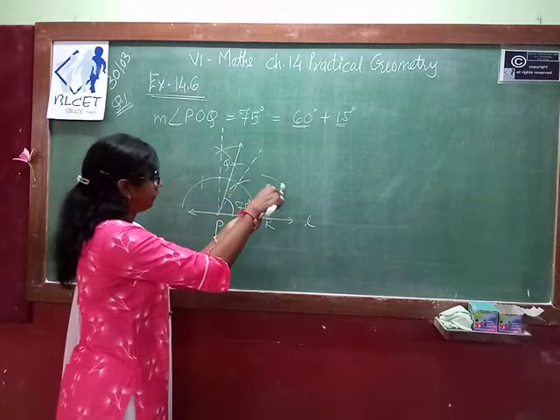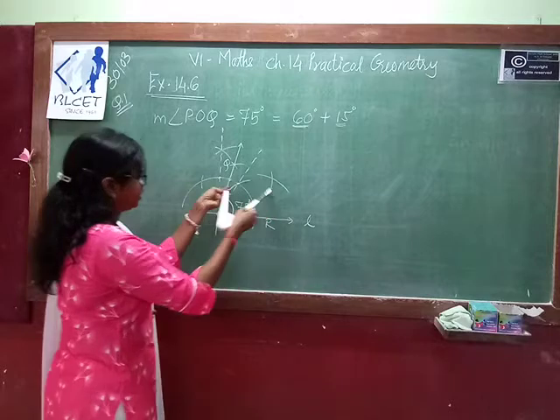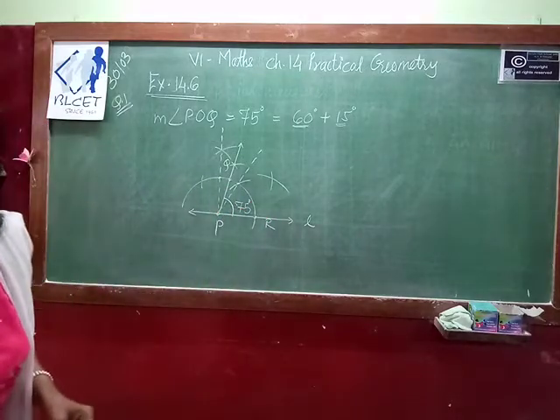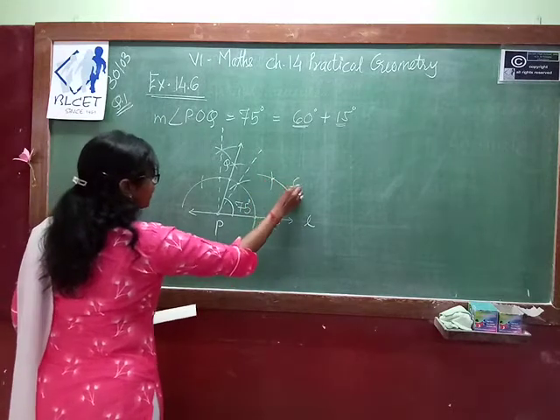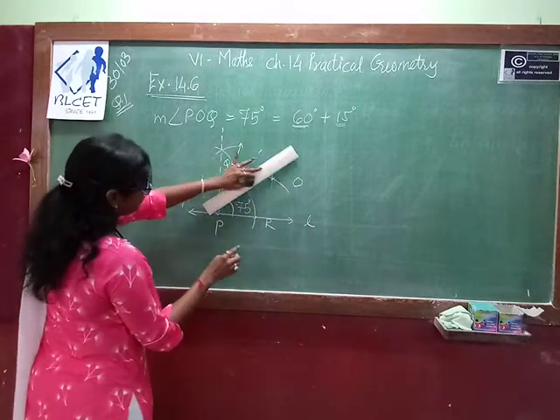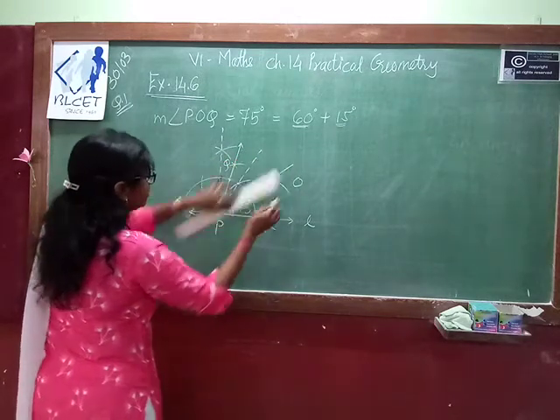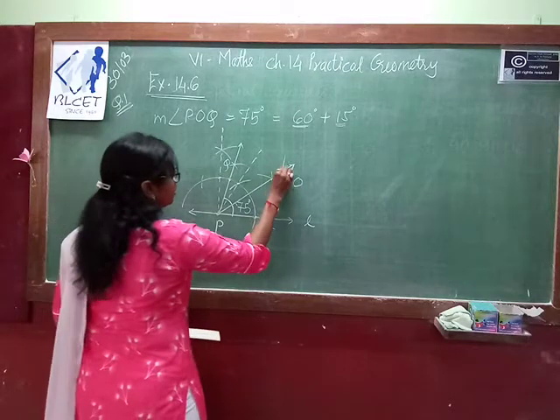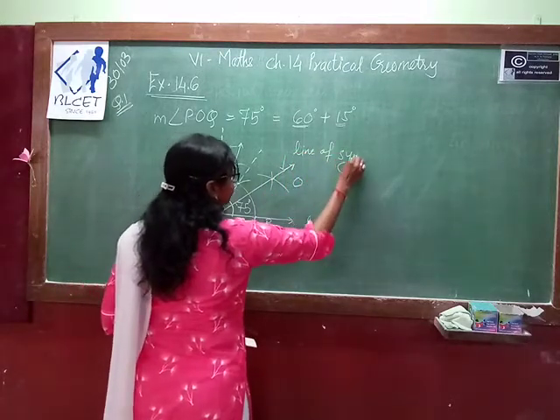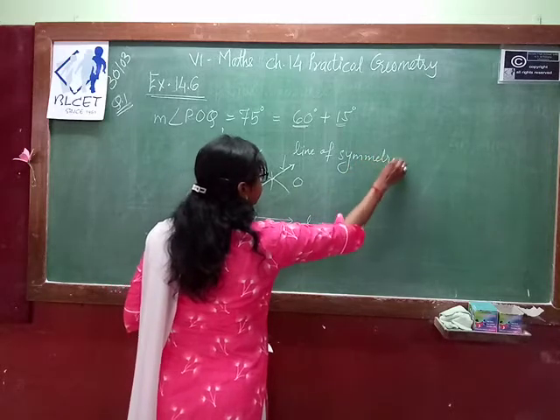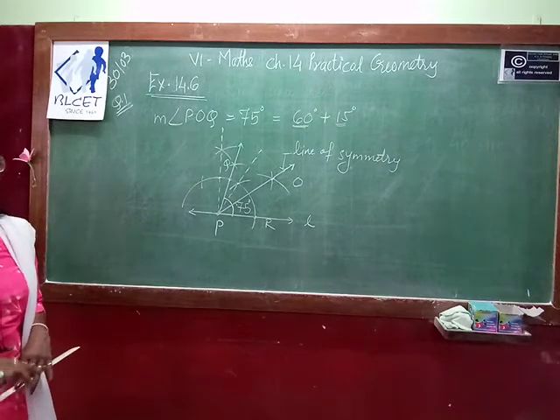Then draw an arc over here and from here. So you are getting one point. This one. Name it as O. Now join these 2 points P and O. So PO, this is your line of symmetry which divides this 75-degree angle into 2 equal parts.